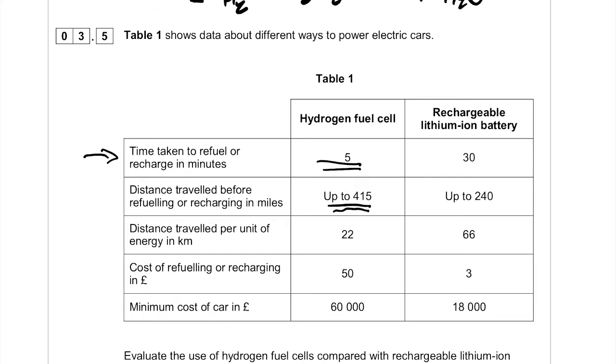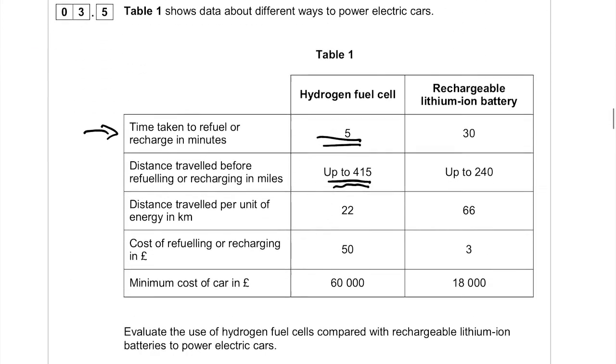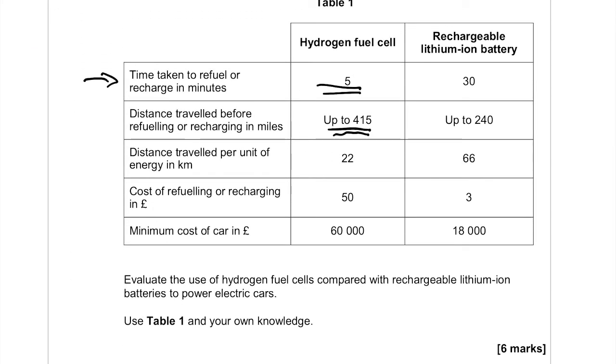Now, with that said, you can also apply some extra knowledge. So hydrogen fuel cells obviously use hydrogen and oxygen, as we have discussed above, and hydrogen and oxygen can come from hydrolysis of water, which could be powered from solar panels or renewable energy sources. So in theory, hydrogen fuel cell is a zero carbon kind of driving technique.